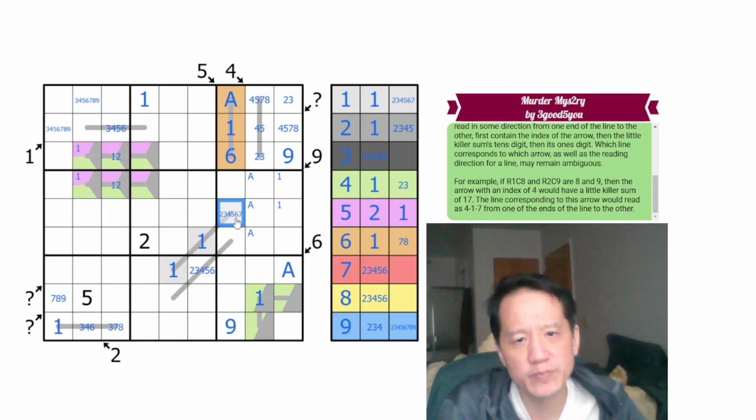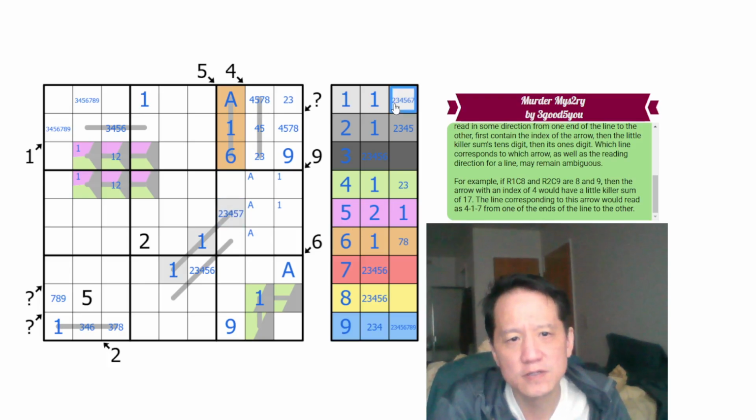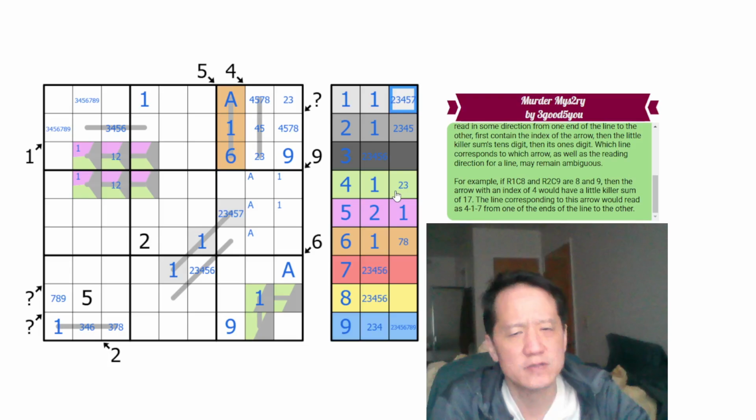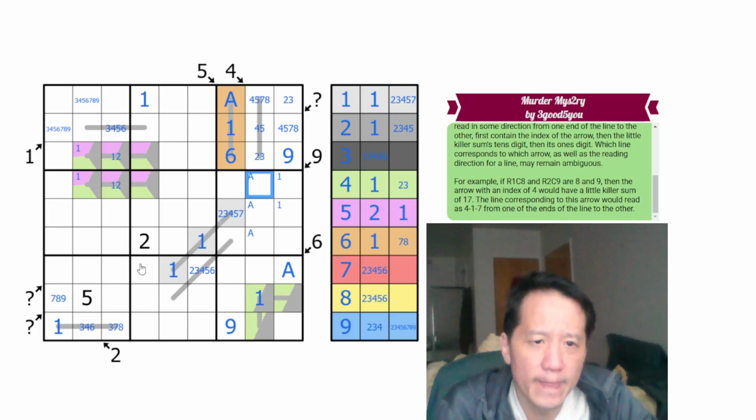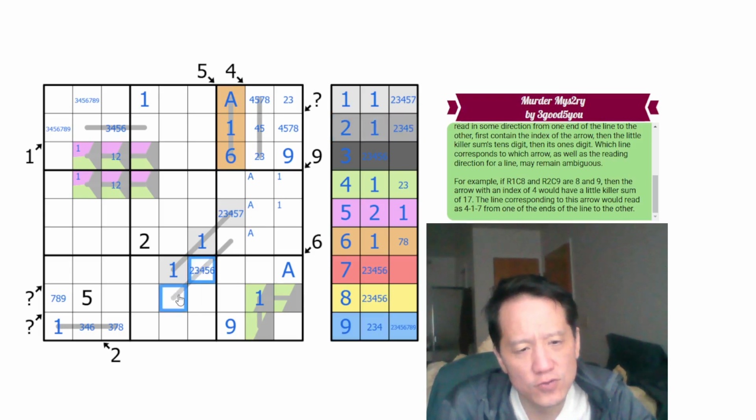So this cannot be 6. This can't be 6. It can't be 12 either, right? If it's 12, where could that be on one of the lines?